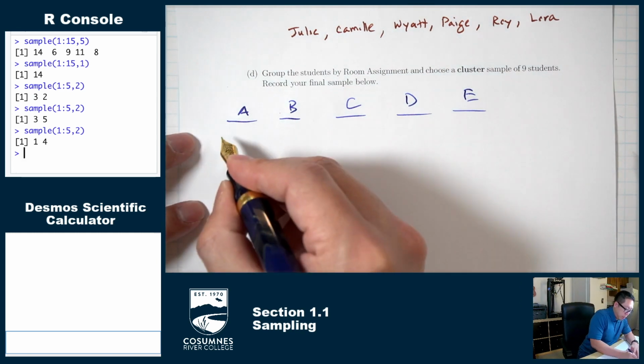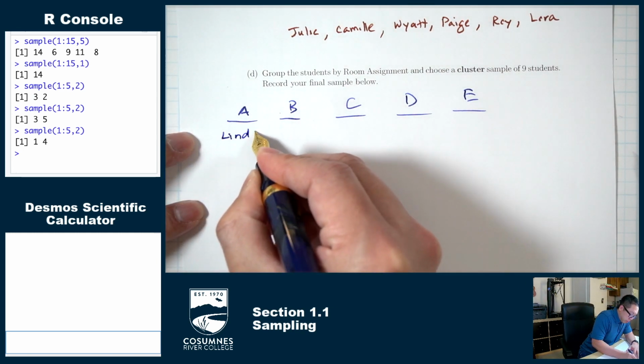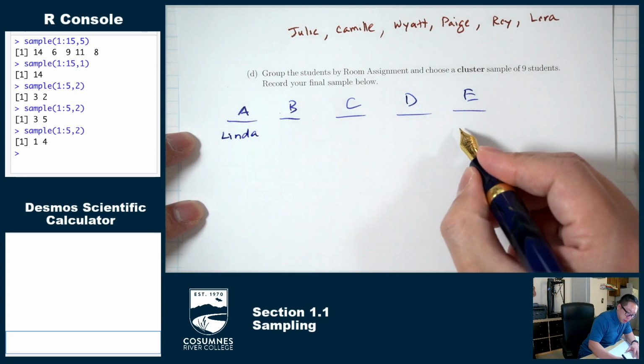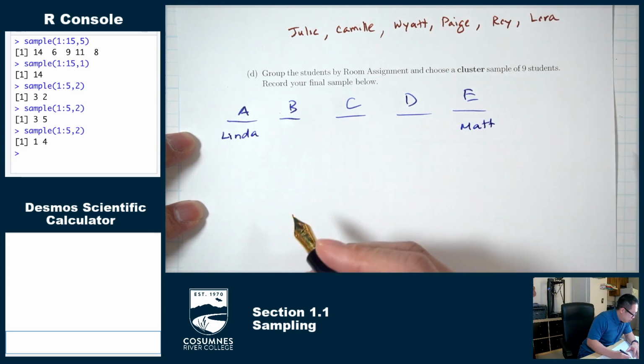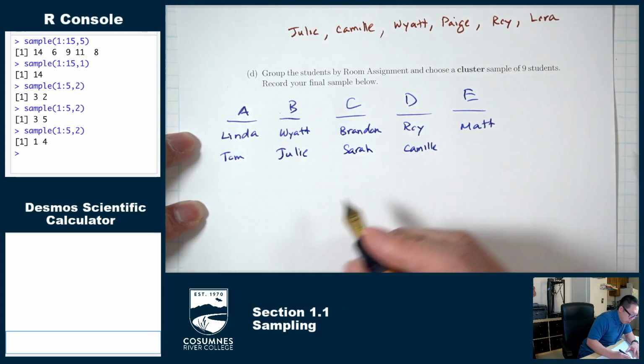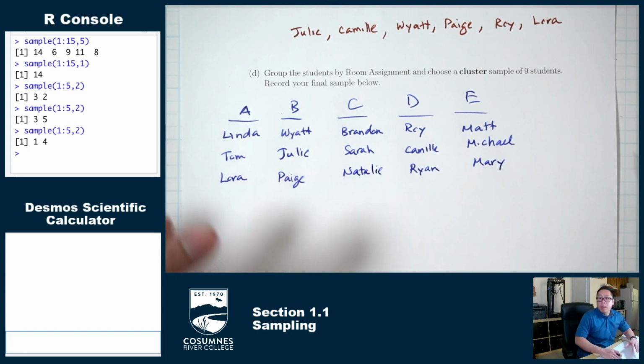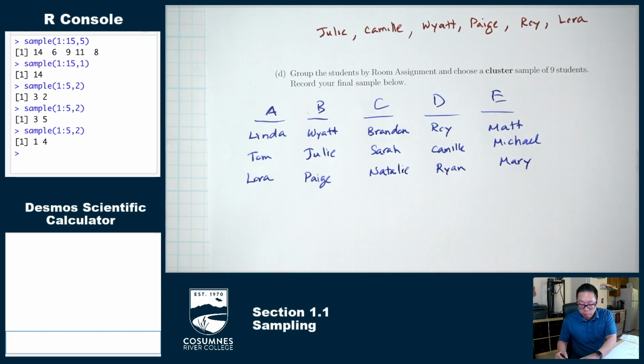Okay, Linda is room A. Matt is room E. Okay, I broke up the population into groups by their room numbers.